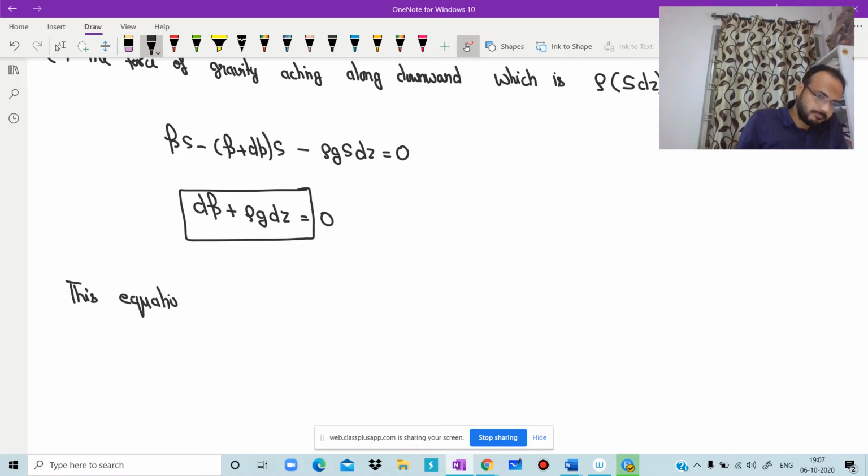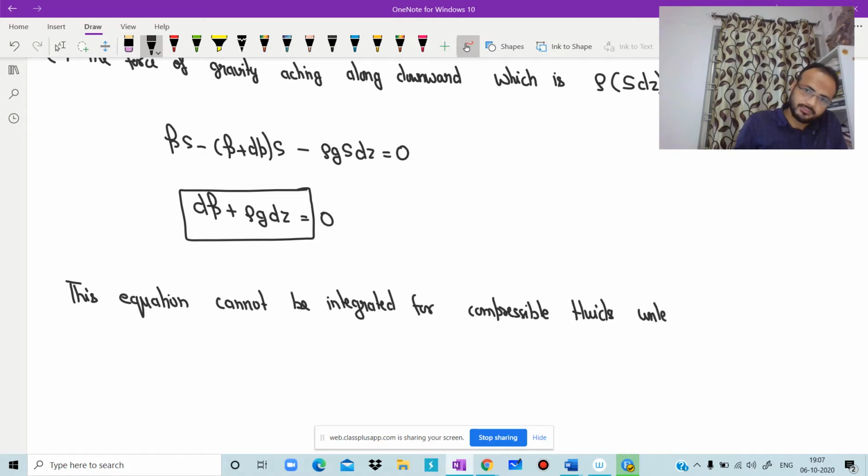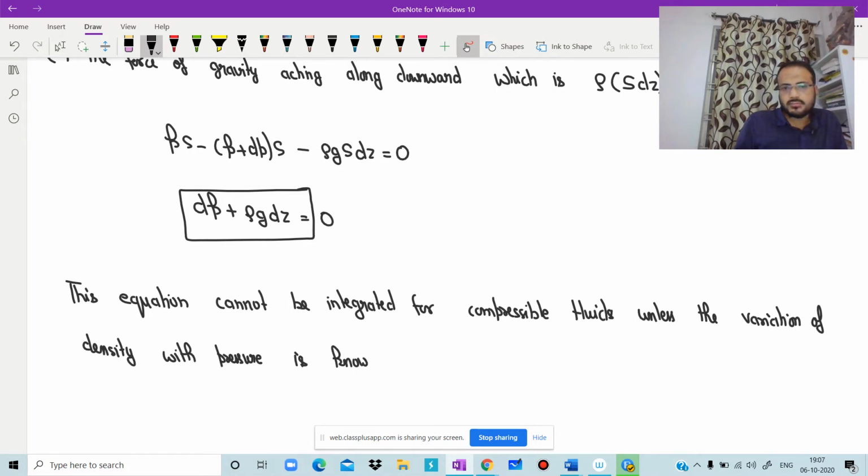This equation cannot be integrated for compressible fluids unless the variation of density with pressure is known throughout the column.